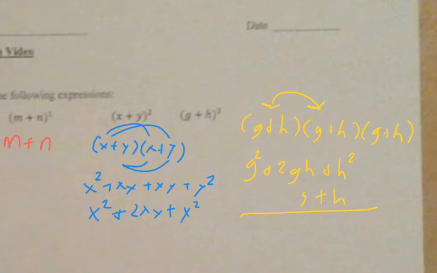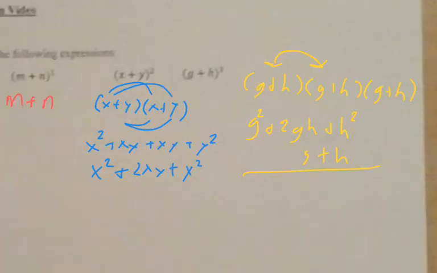So when I do h times h squared, I get h cubed. When I do h times 2gh, you get 2gh squared. And when you do h times g squared, you get g squared h.